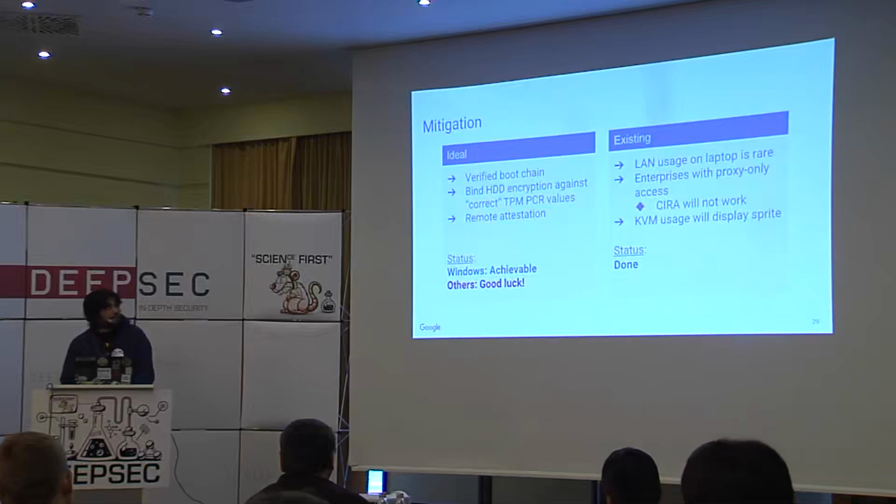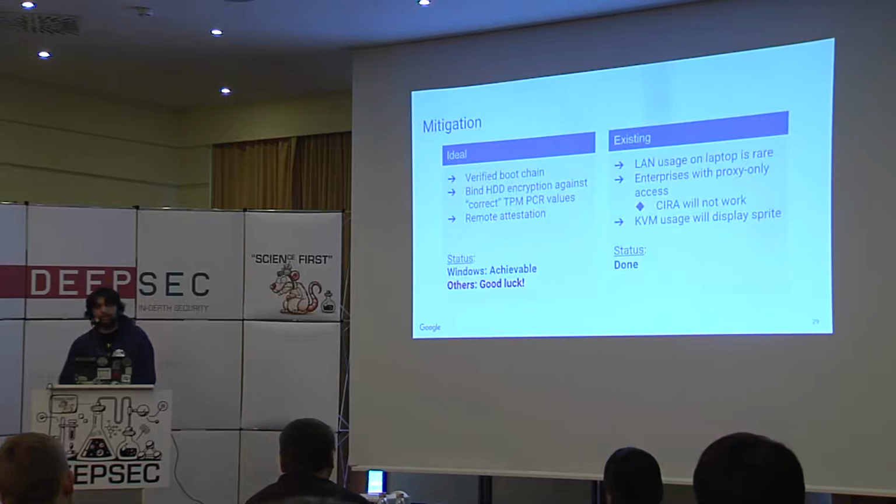Existing mitigations that exist currently: not many people use LAN with laptops regularly, so it makes the attack slightly harder. Wi-Fi is limiting, as I said. The attacker has to know the APs, they have to know the credentials to get into them, and they have to insert it into AMT. The biggest mitigation is enterprises that allow internet access through a proxy only.